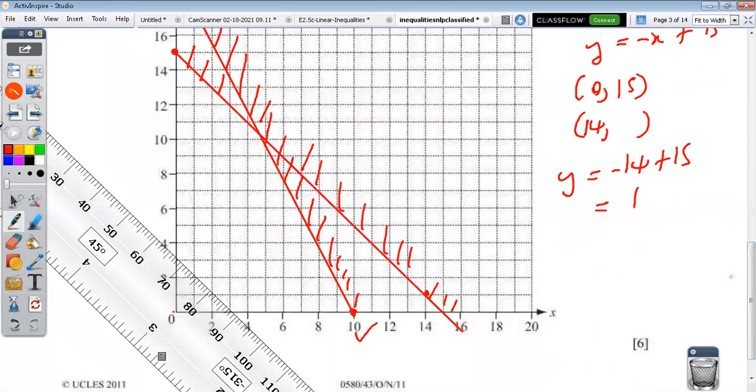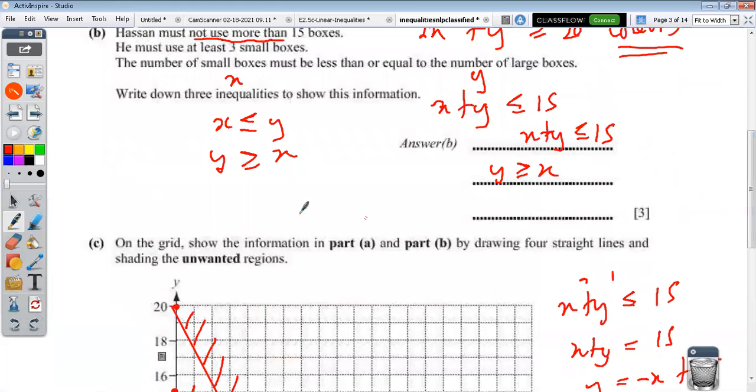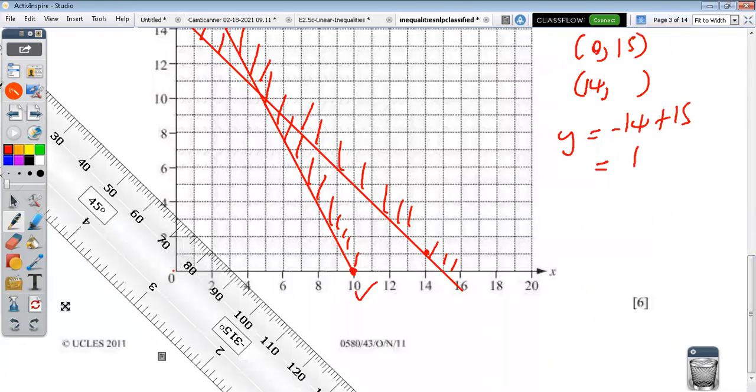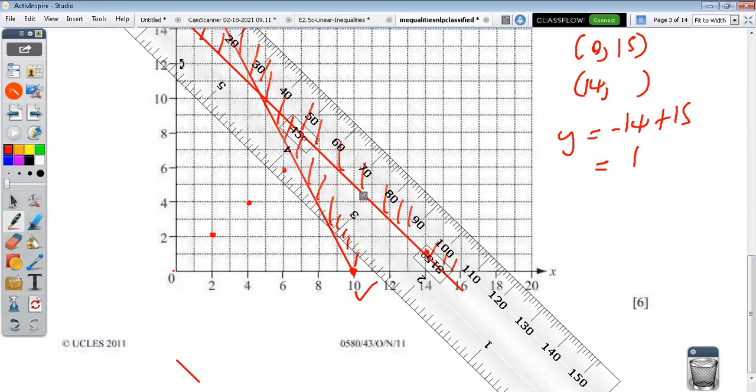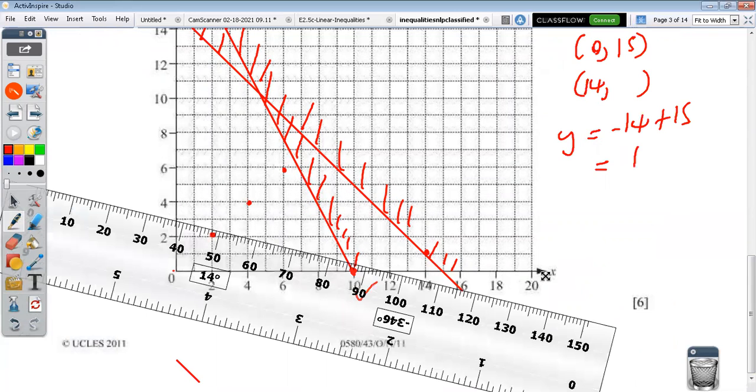Then the last inequality is, we think of the line y is equal to x, which is easier. The values of x and y are the same. So it means 2, 2, 4, 4, 6, 6, going like that. 0, 0. We've done that when we were doing transformations.